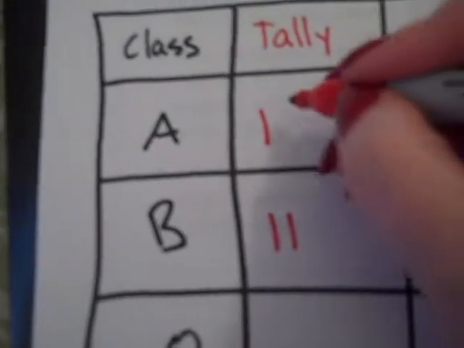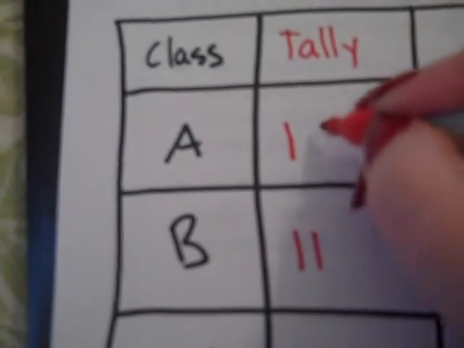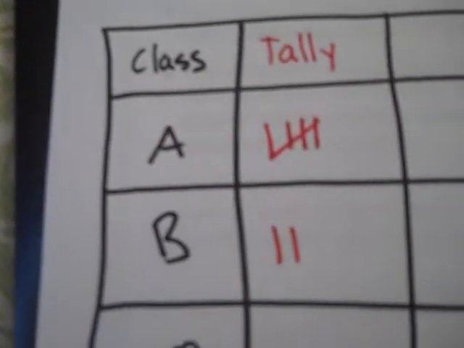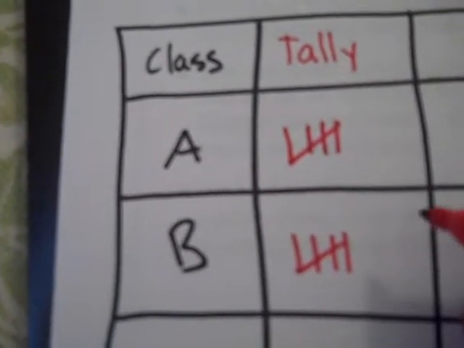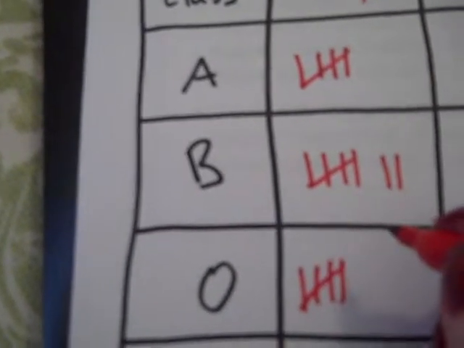I already have all the information, so I'm going to do the tallies really quick. Now, I'm going to have the frequency. The frequency is the same number as the tallies.